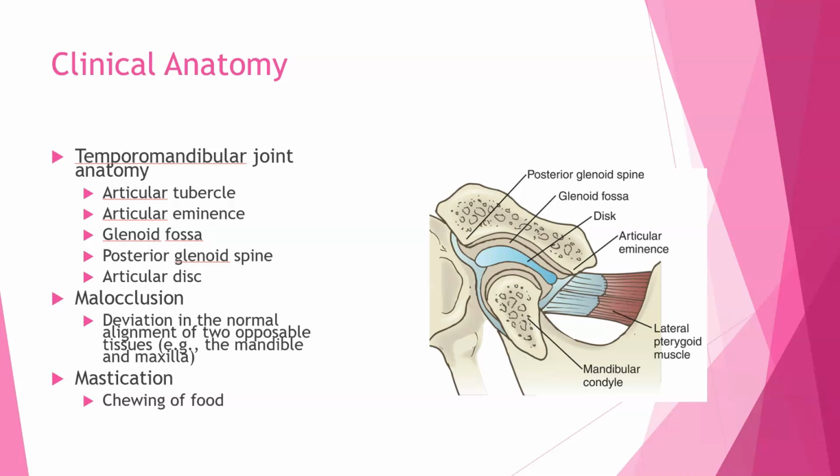The following indicates TMJ pathology, which is malocclusion of the teeth, and malocclusion is defined as deviation in the normal alignment of two opposite tissues, in this case specifically the mandible and the maxilla.